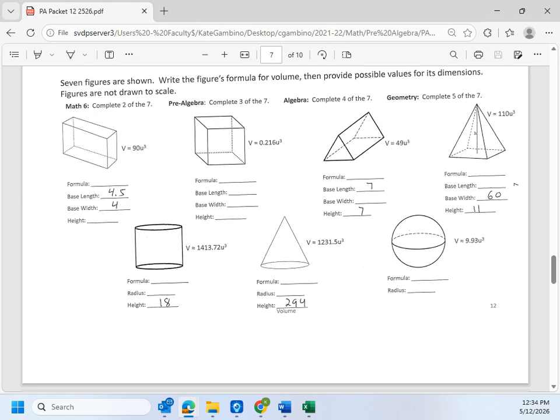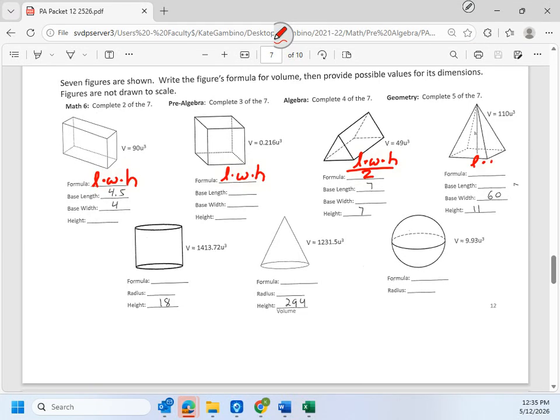Then we have this lovely page. We've had pages like this lots of times. So remember our formulas for volume. The rectangular prism is length times width times height. Same for the cube. Remember with the cube, they are all squares, so they all must be the same measurement. For the triangular prism, it's length times width times height divided by 2.